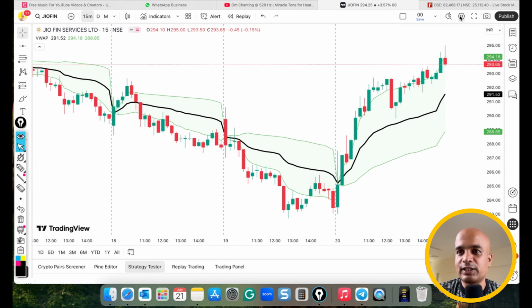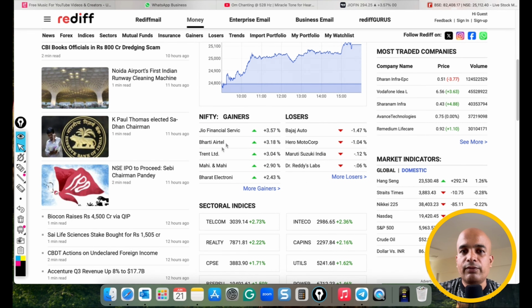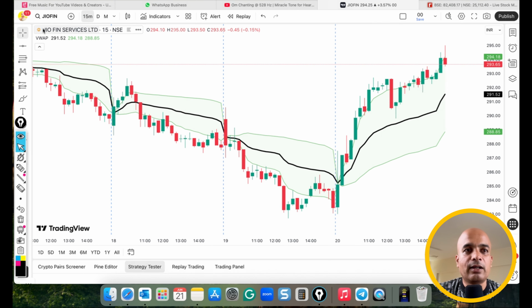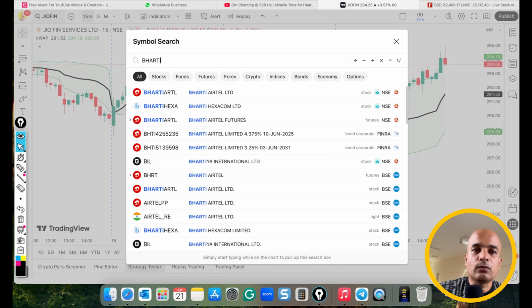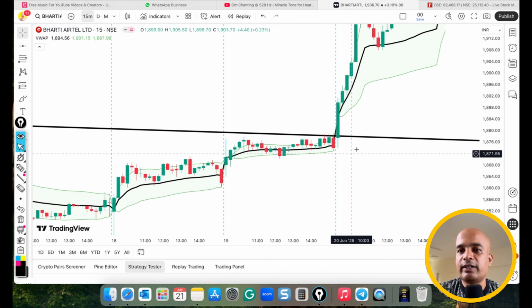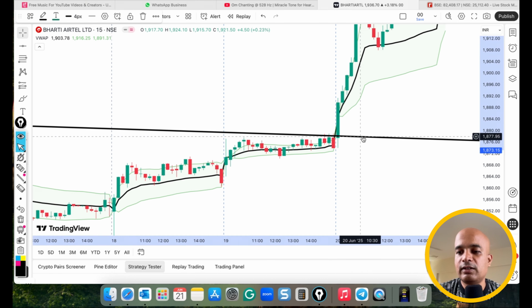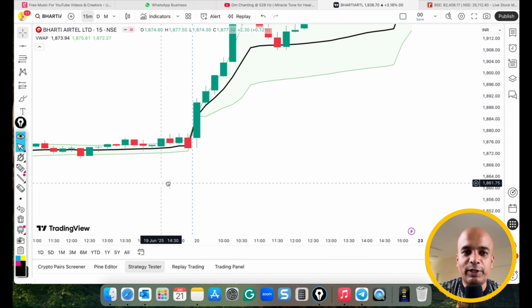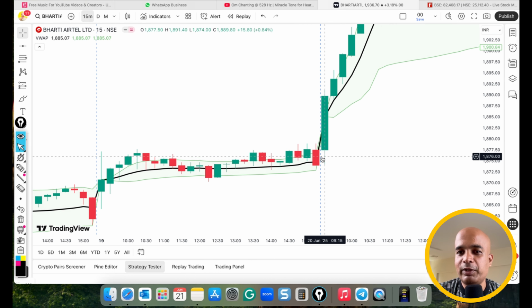Sometimes it happens, that's fine. For example, Bharti Airtel. See here, this is a very good breakout. Oh no, I think this is also the previous day. It closed a little bit below the VWAP, so it is fine. Okay, Trent.